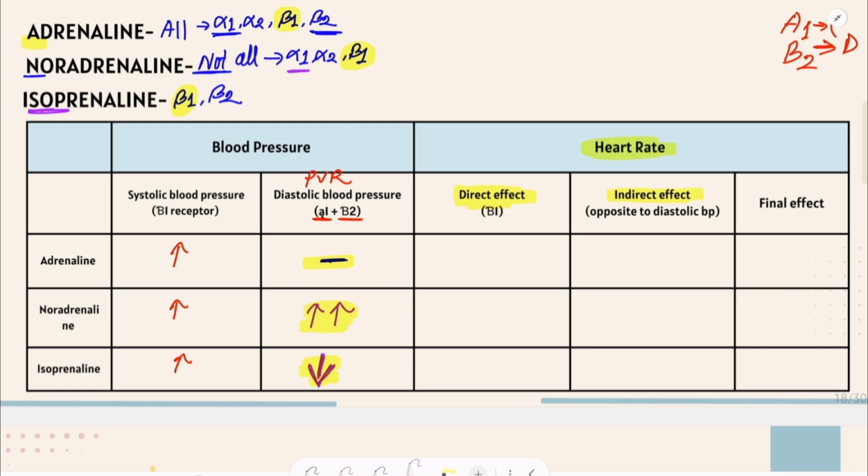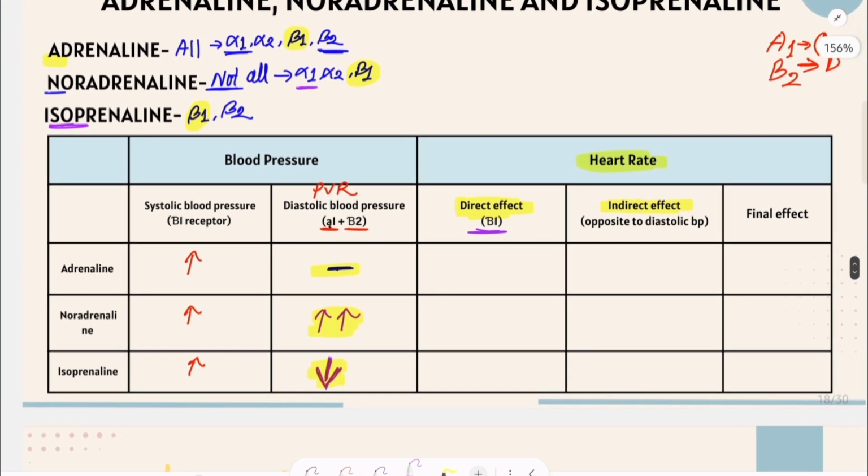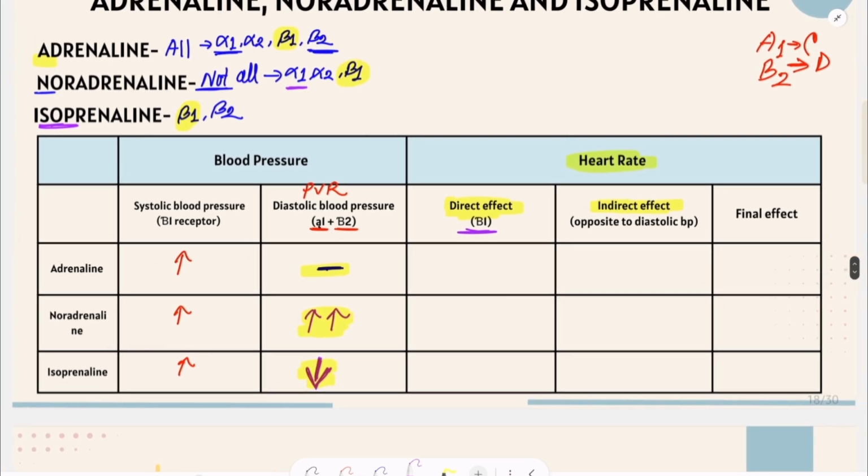Which receptor is present on the heart? It is the beta 1 receptor. So any drug that stimulates the beta 1 receptor will stimulate the heart and increase the heart rate. We discussed already that all three drugs stimulate the beta 1 receptor, so all three drugs will cause a direct increase in heart rate.